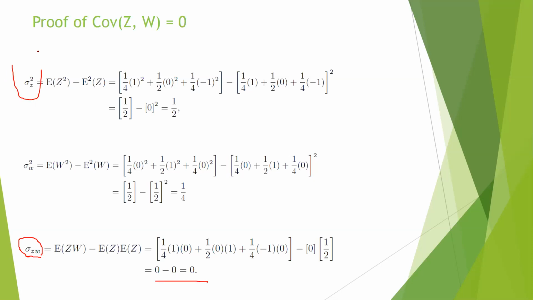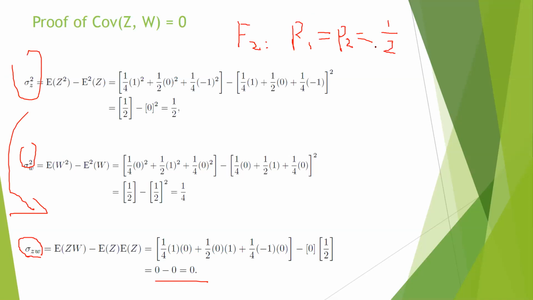If you follow these formulas, you can prove this. It's not that hard. This is only for the F2, right? Because in F2, we have a special setting: P1 equals P2 equals 1 over 2.